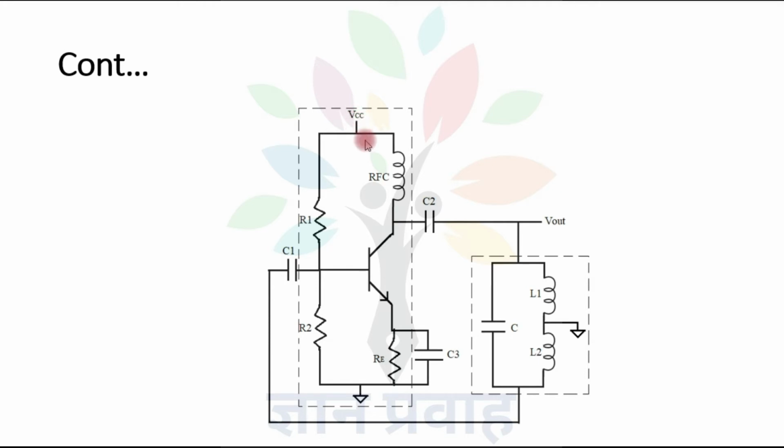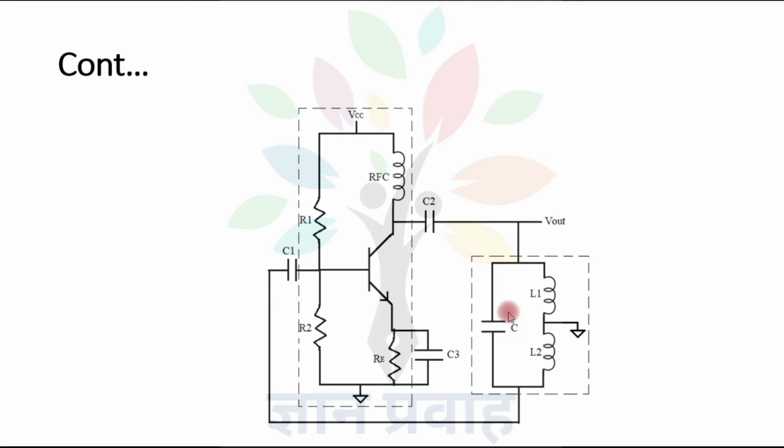So the DC power supply passes through this RFC and it charges the C2 capacitor. When the C2 capacitor is charged, it means it will be charging the C capacitor inside the tank circuit. When this capacitor is fully charged, then it starts to discharge through L1 and L2.